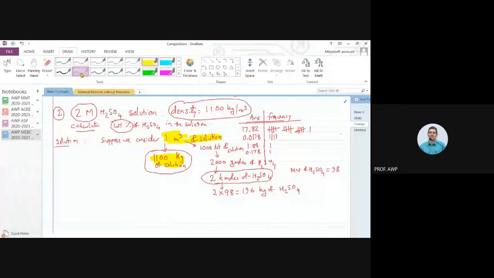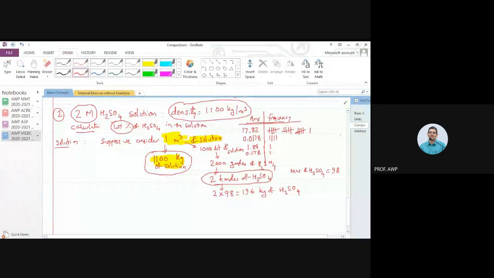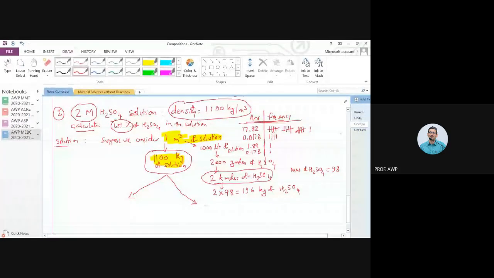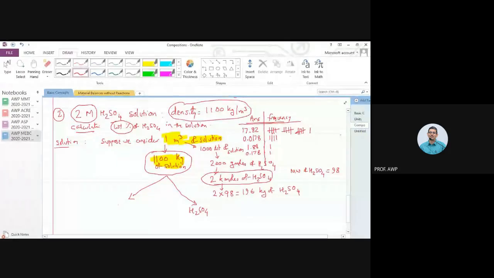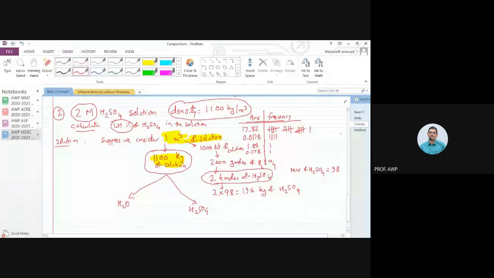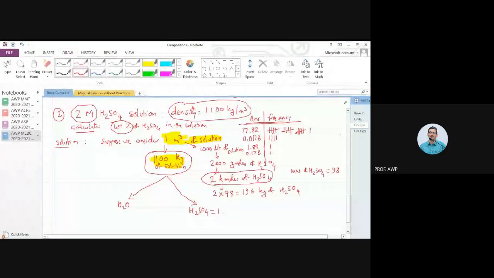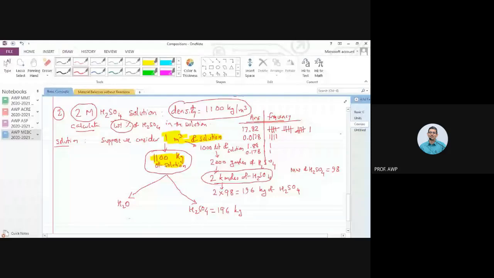That is going to contain H2SO4 and water. H2SO4 is 196 kilograms.